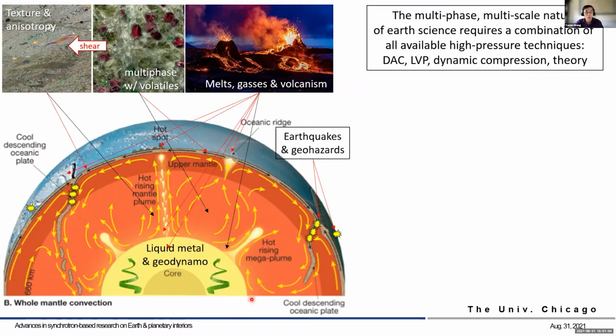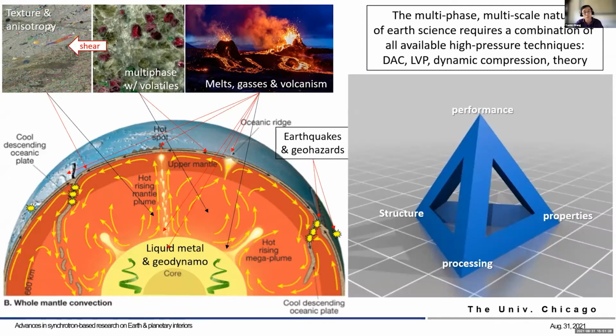For example, by applying a shear strain, one can change the texture dramatically from a necklace-like specimen like on this sample to the next one. And this texture change, again, changes the seismic anisotropy, changes rheology, which in turn affect dynamic processes. And so LVP research largely follows what I call the material science processes.